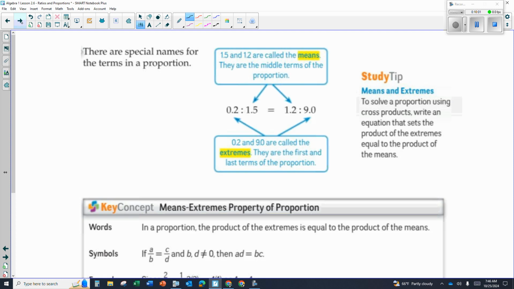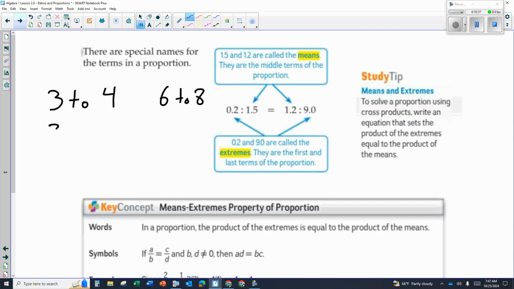All right, let's move on. So there is a special name for terms in a proportion. I really don't want to use this example here because it has decimals. But if we were to do this with nicer numbers, let's say I wanted 3 to 4 and I want to compare it to 6 to 8.